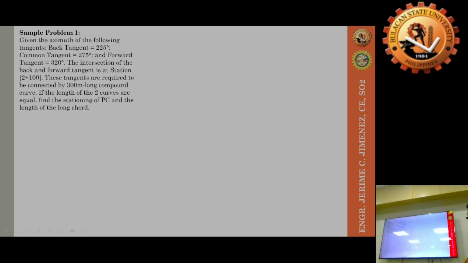These tangents are required to be connected by a 300-meter long compound curve. Binigay na sa inyo yung total LCU, which is 300-meter compound curve. If the length of the two curves are equal, find the stationing of BC and the length of the long chord.